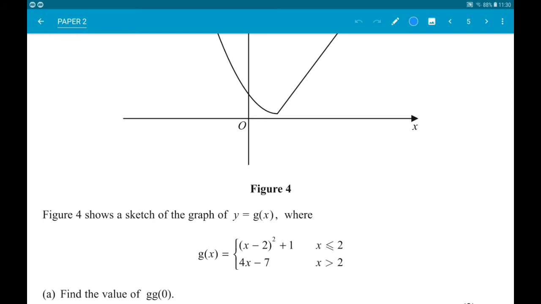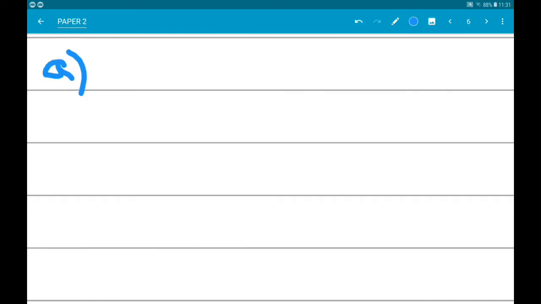And for x greater than 2, g of x is 4x minus 7. But they want us to calculate g of 0.